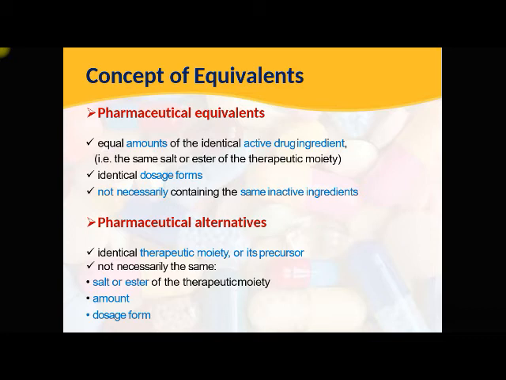So pharmaceutical equivalence requires that the dosage form should be the same, and the active pharmaceutical ingredient should also be the same. If these two things are present, and the bioavailability fraction is the same, then we can say the two formulations are pharmaceutically equivalent.